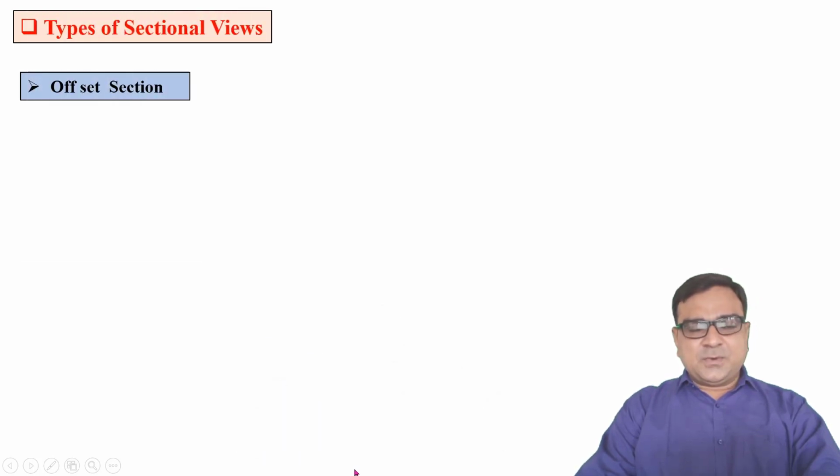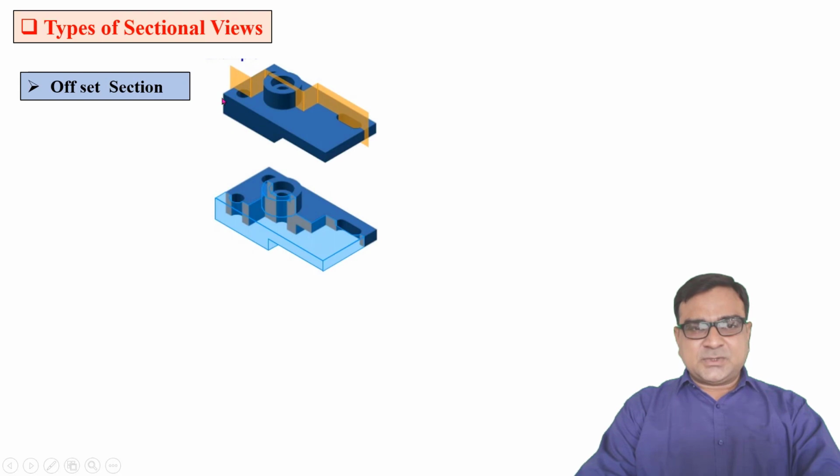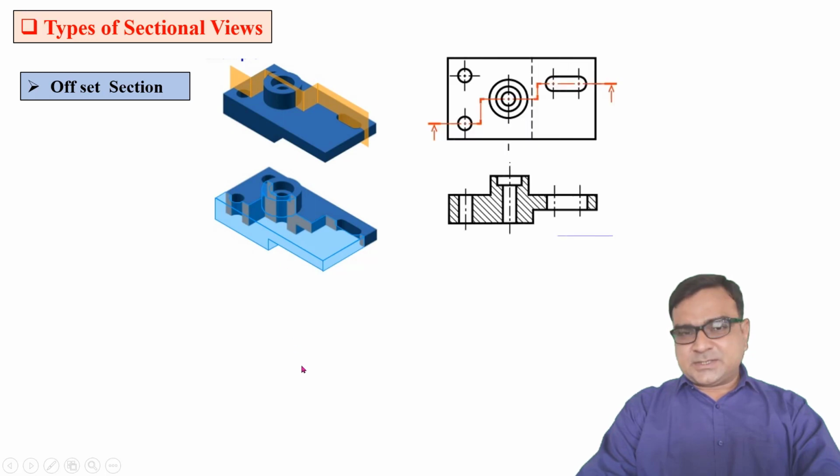Now another is offset section. If the cutting plane is not in one particular plane, but passes through some required holes like this, and the cutting plane is in a zigzag manner, or you can say offset, then this type of section is known as offset section. Here you can see the front view of this object after removing the half portion which is observed side.